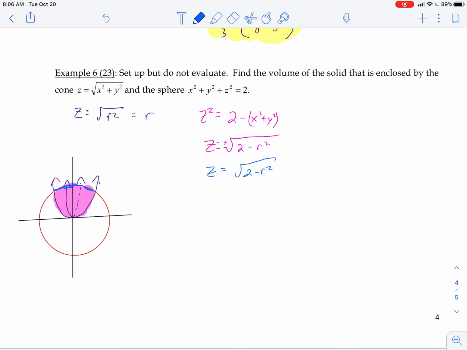All right, now we want the point of where they intersect. So what we can do is we can set these two equal to each other. Because we want to find where they intersect, it's actually going to intersect in a circle right up here.